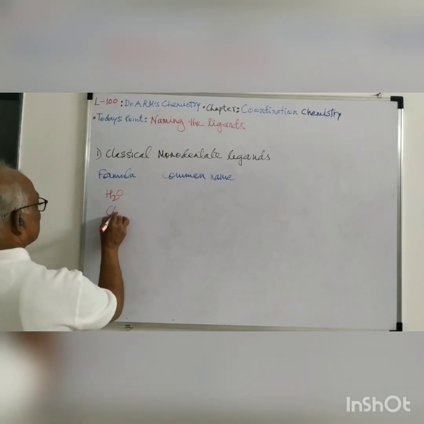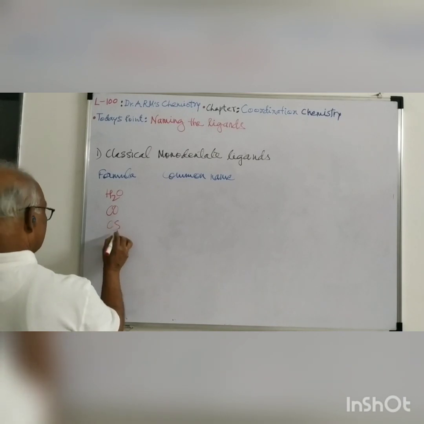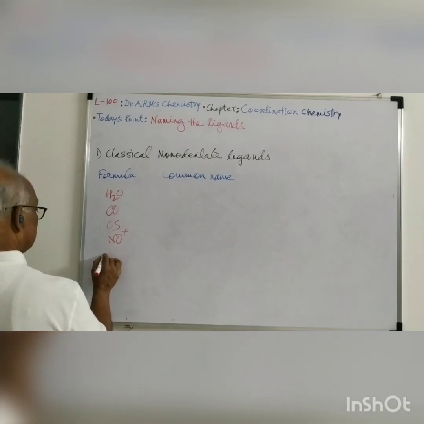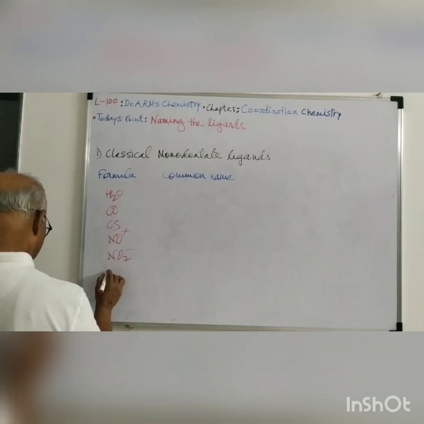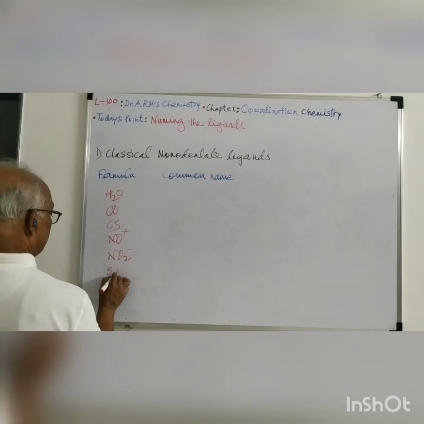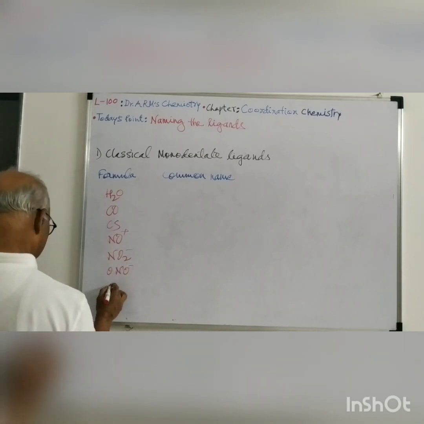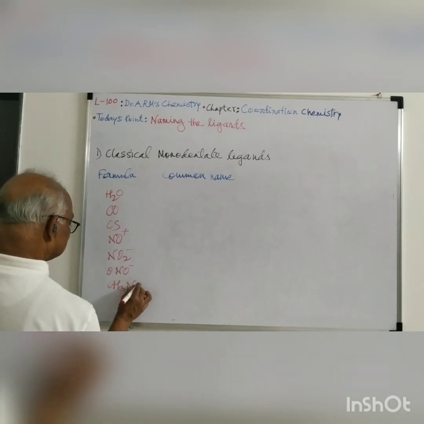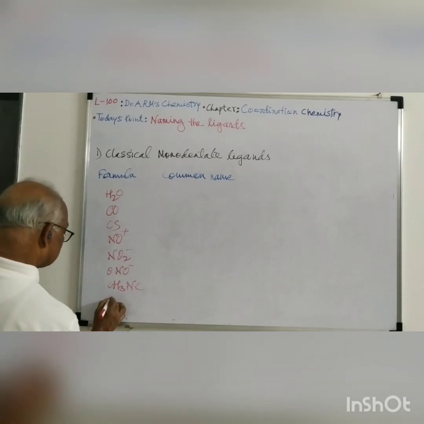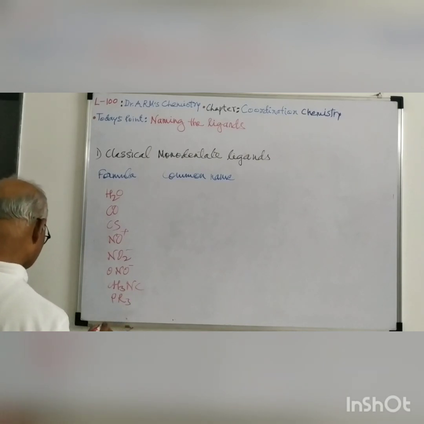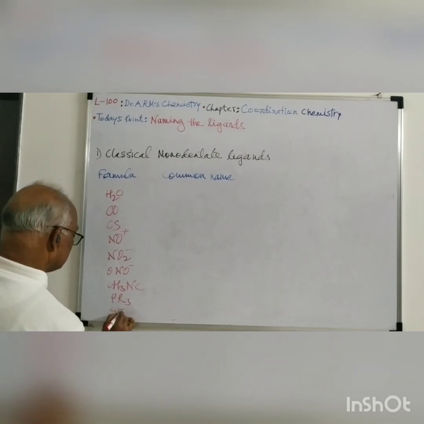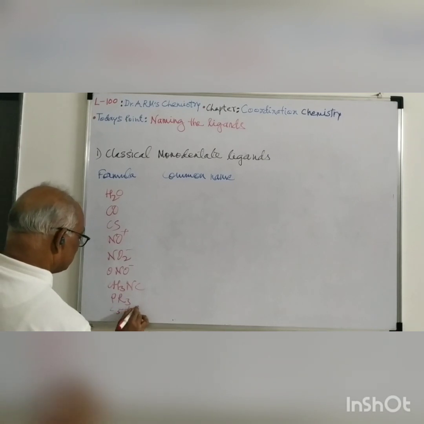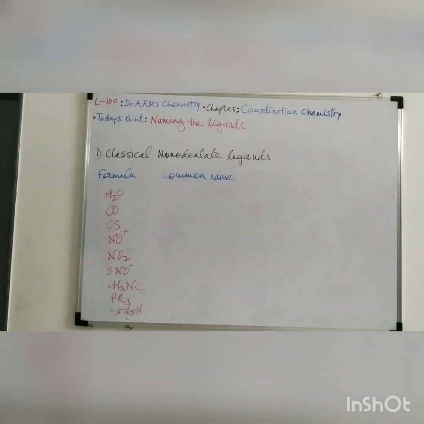Then we can have carbon monoxide, CS, NO plus, then NO2 minus, then ONO minus, CH3 and C, then PR3, then C5H5N. So these are other few examples. So we can show these names.